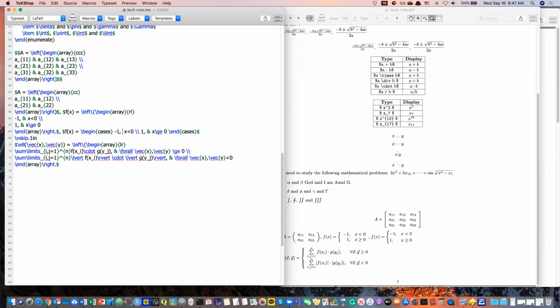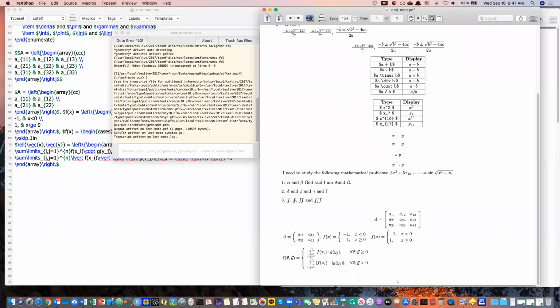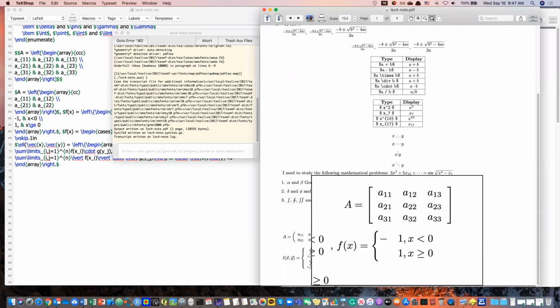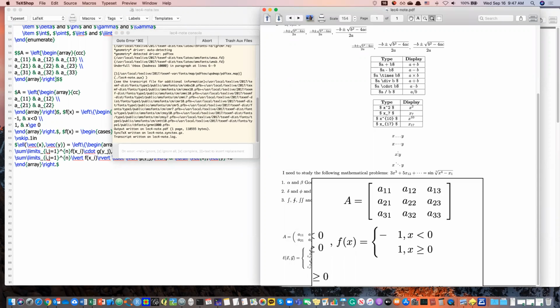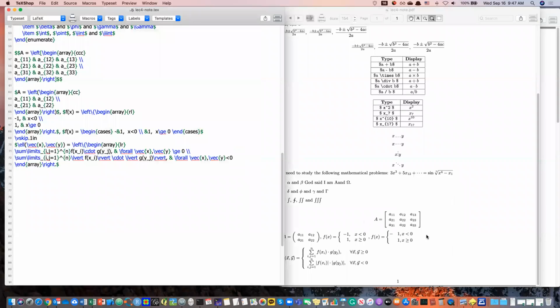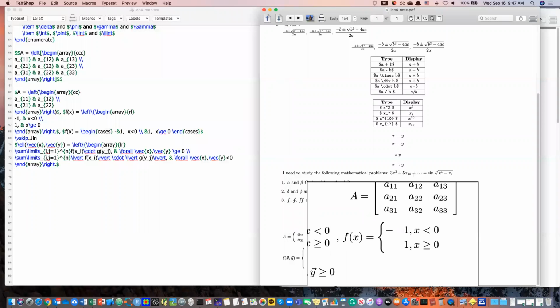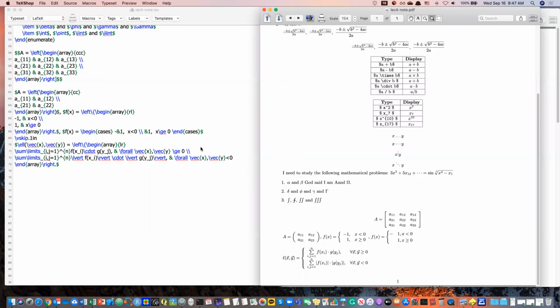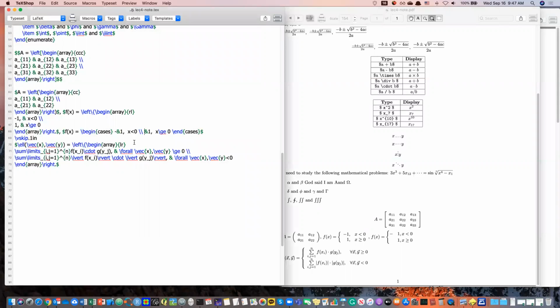For example, instead of putting this, you can put the negative and symbol right there. Then you're going to get this. But I don't think this has a good shape, right? That's one of the disadvantages of the cases environment. So for this special case of piecewise functions, I recommend using array instead of cases.